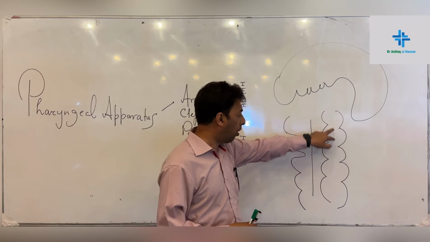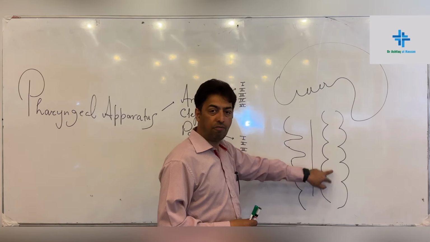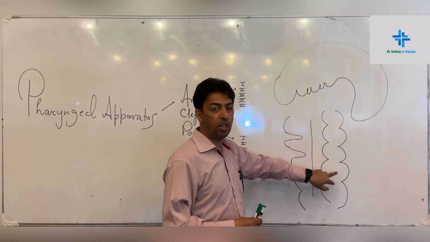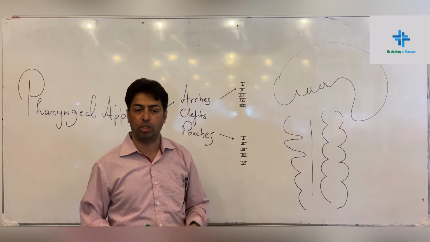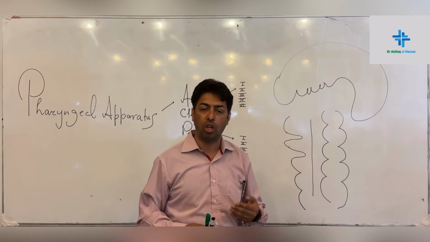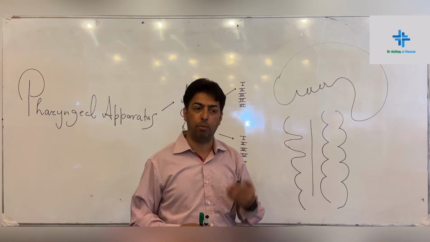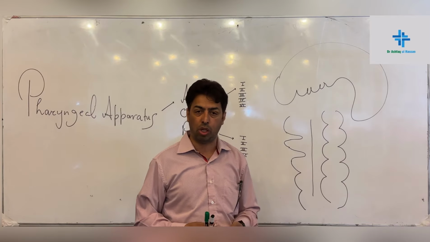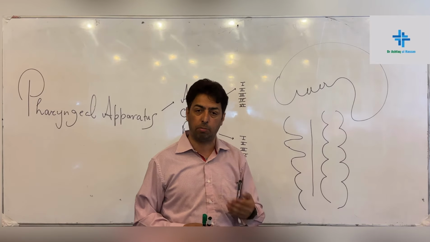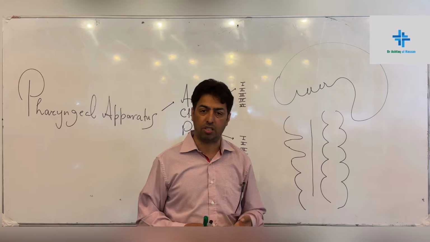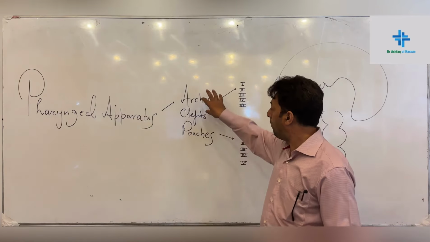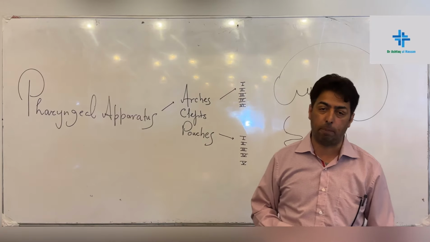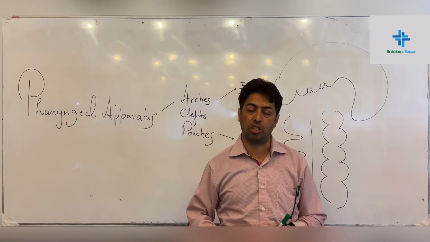And these are the pharyngeal pouches, which represent the endodermal component of the pharyngeal arches. Now, this all happens in the region of the future neck. During embryogenesis, the relative disposition of the organs and the organ systems is far different from what is seen in adults.